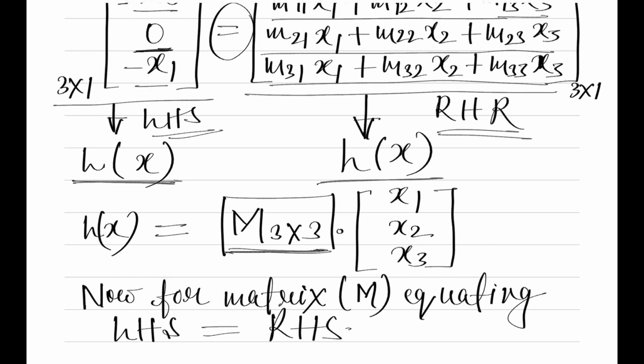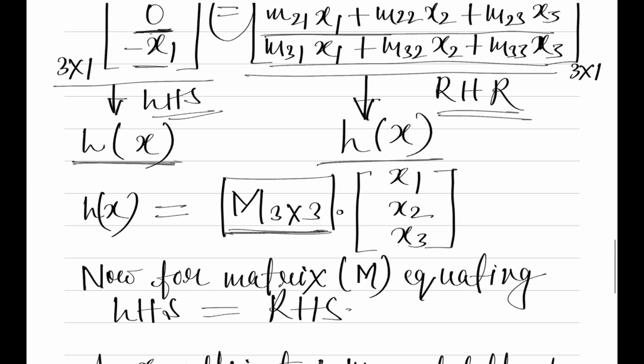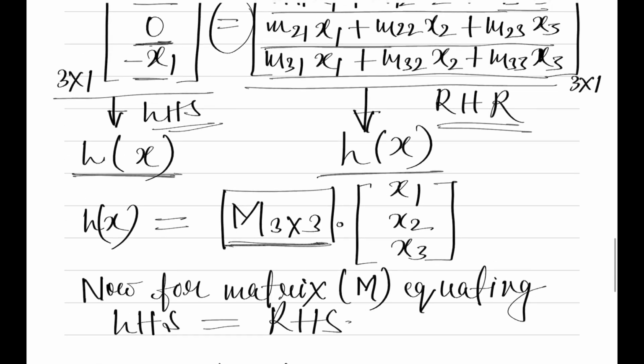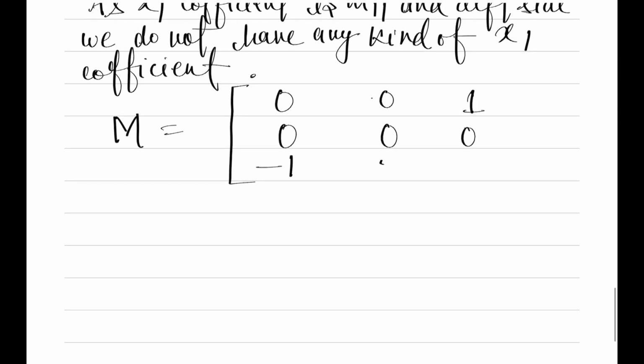Now we equate the third element with the third row, which will be minus 1, 0, 0.